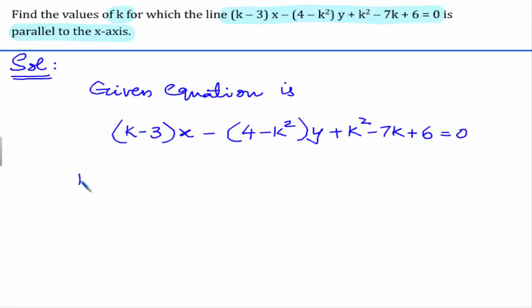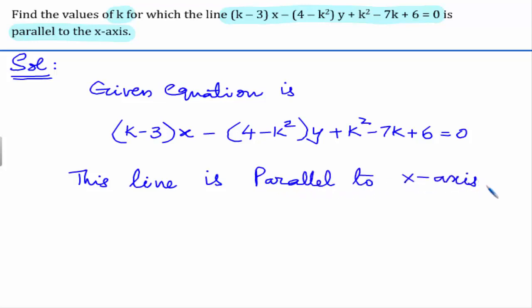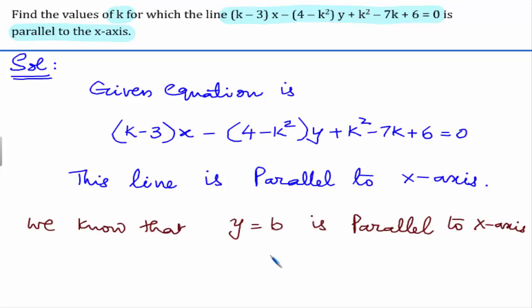And it is given that this line is parallel to x-axis. Now we know that the line which is parallel to x-axis will be in the form of y is equal to b. That means there is no x in this.